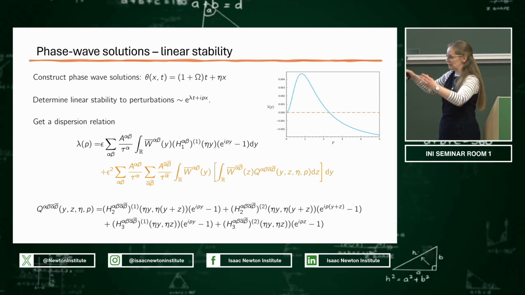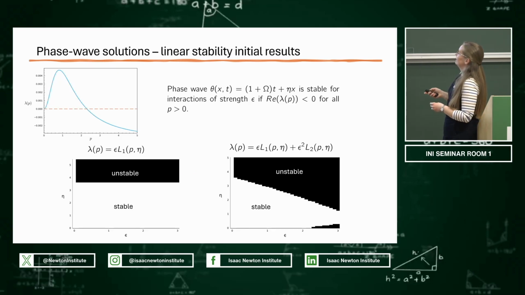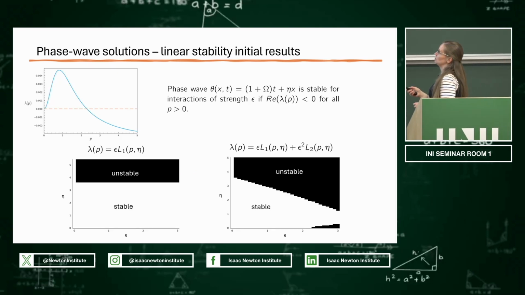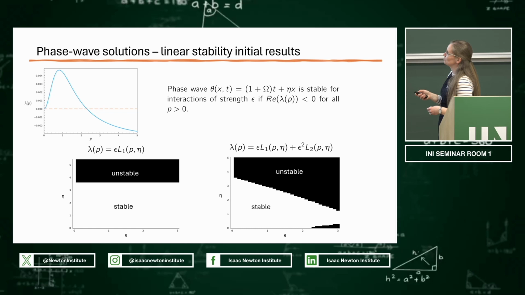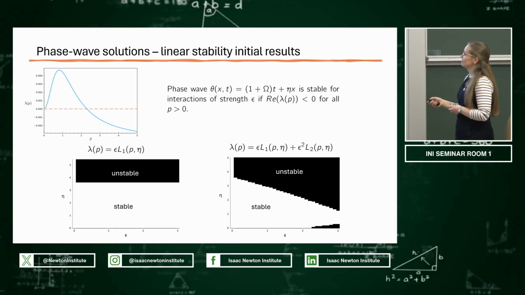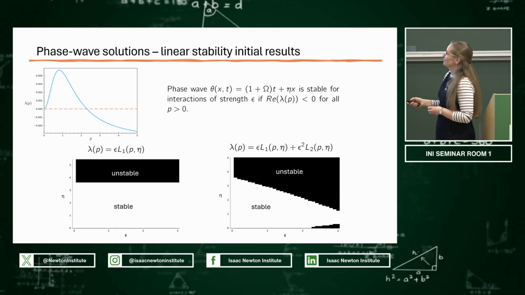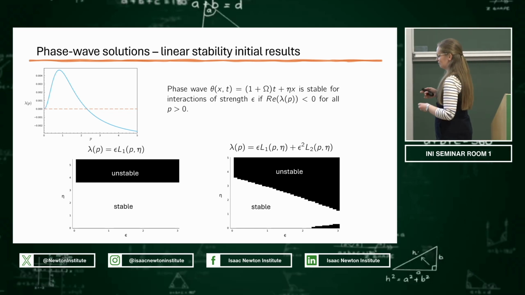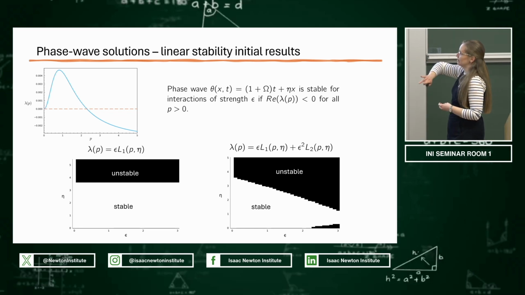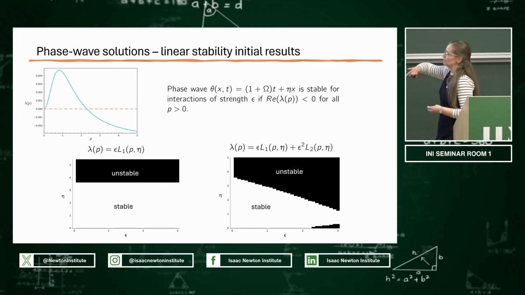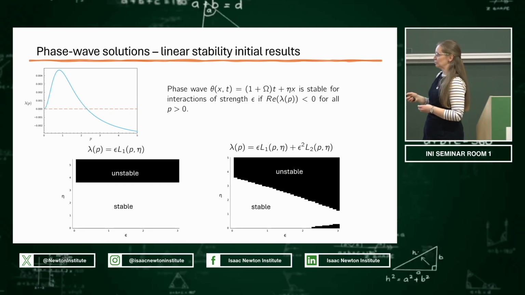We can repeat that over the epsilon-eta plane, and the point is that when you have these higher order terms, we can get something more interesting than just this straight line boundary between where these phase waves are stable and where they become unstable.